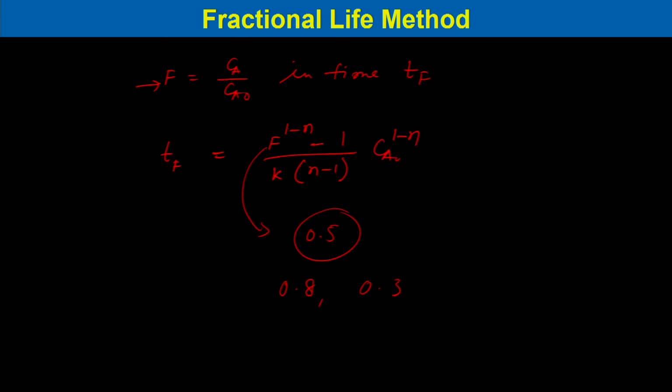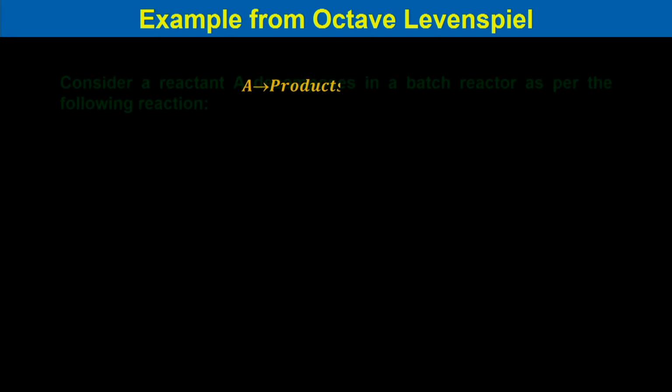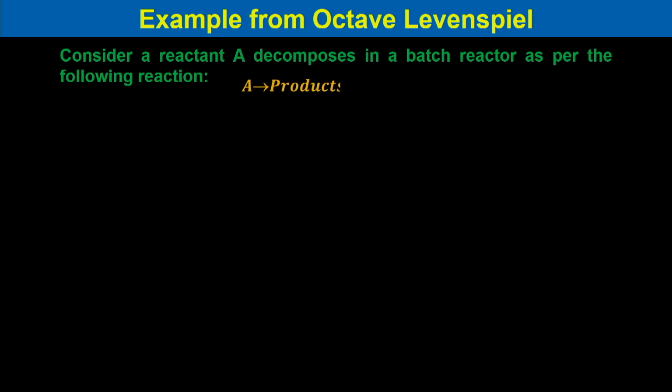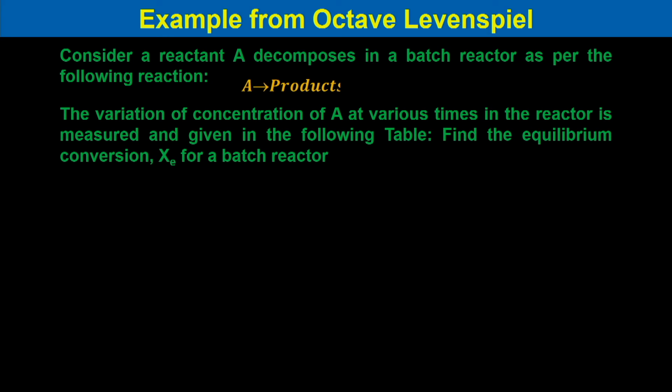Let us consider an example to find out kinetics using the fractional life method. Suppose consider a reactant A which decomposes in a batch reactor as per the following reaction. So, we have reactant A going to products, and the variation of concentration of A at various times in the reactor is measured and given in the following table.